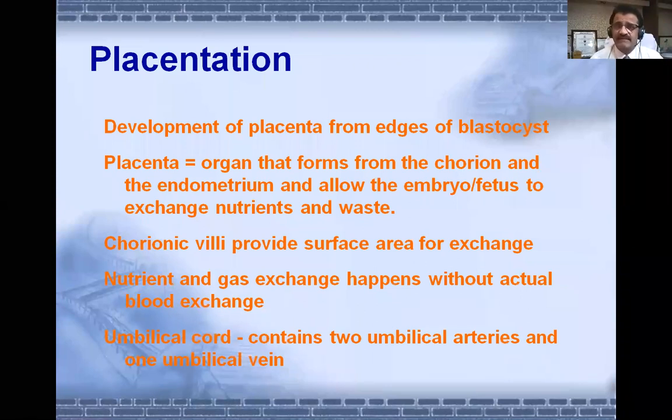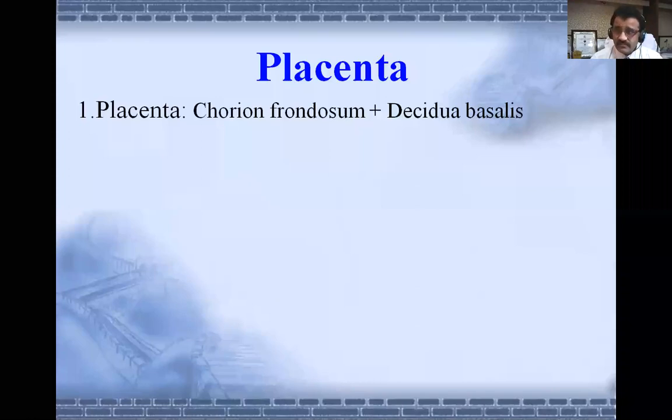Here you can see the placenta, exactly which part takes part in the formation of placenta. It is called choriodecidual, meaning which part of chorion? Chorion frondosum. And which part of endometrium? Decidua basalis. So exactly now the precise parts of the structures which take part in formation of placenta that I'm showing you.